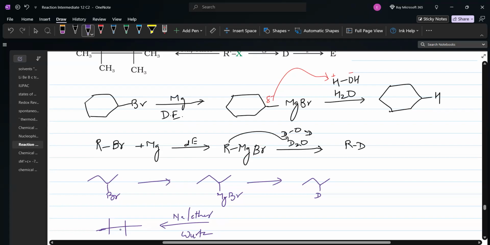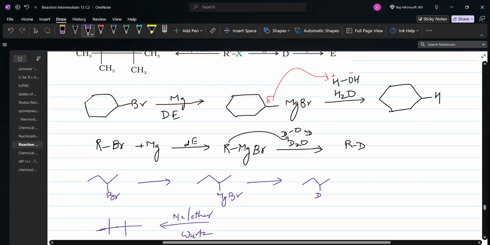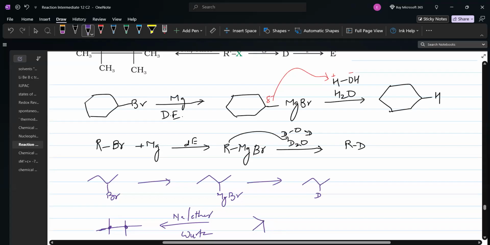It is like this. We have to understand that this should have happened because this carbon has made a bond with this carbon, so we'll have a structure like this, and it should be attached with this halogen.